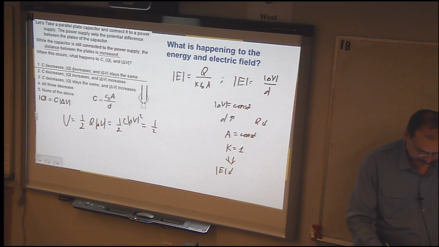What I want to do. Q squared over C. Yes, Q squared over C. Which of these three expressions would be the least convenient to use? It's a very important question. We always have to make a choice. And it's not a right or wrong choice. It's a less convenient or more convenient choice.